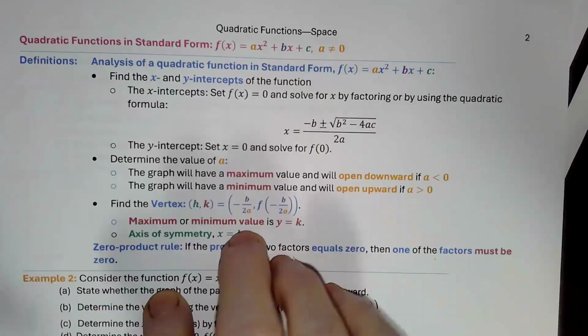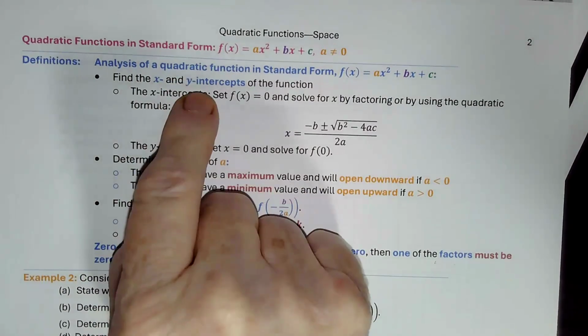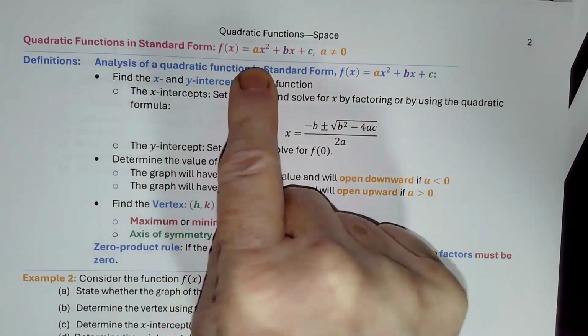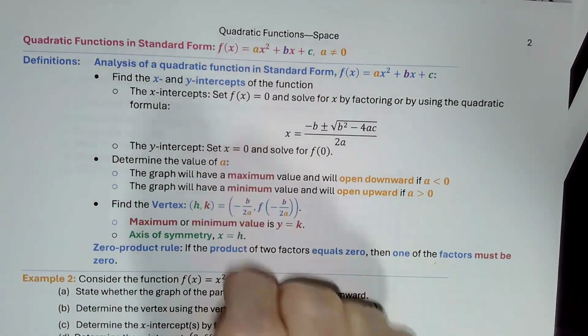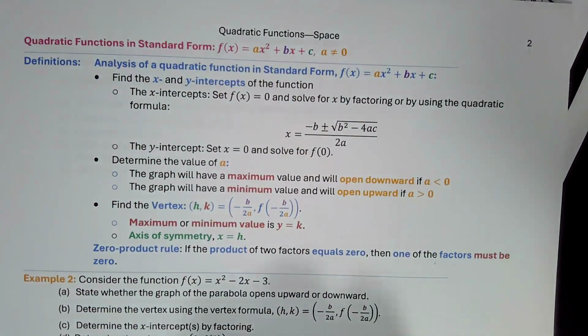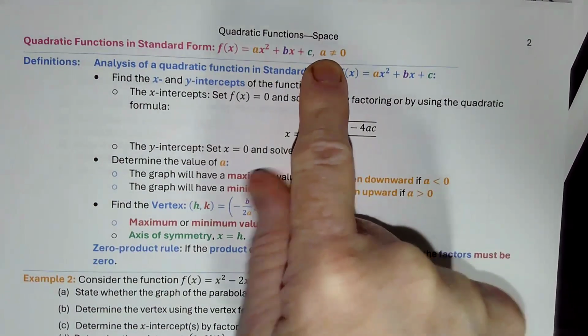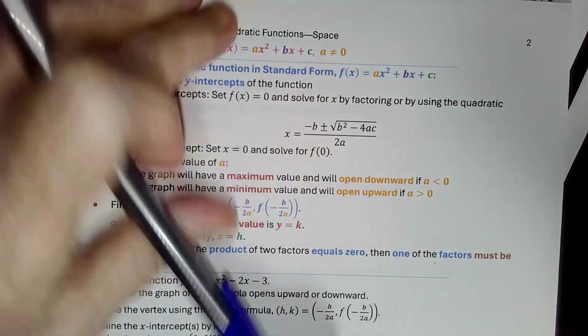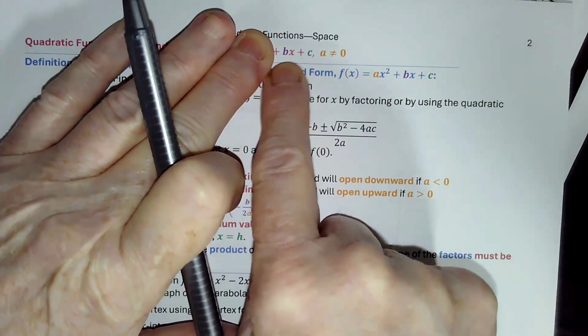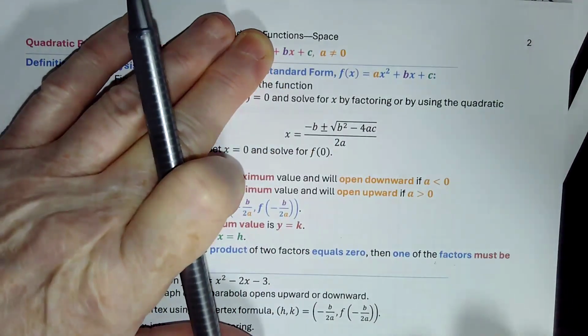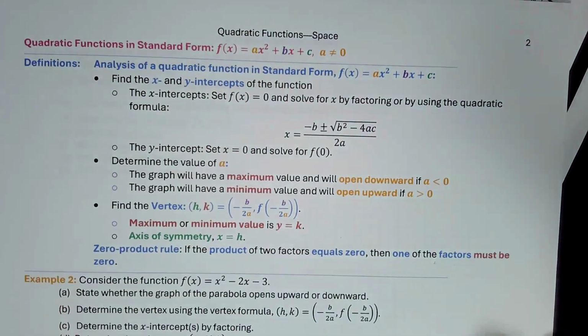Okay, well, like we said, the other form of the quadratic equation is the standard form, ax squared plus bx plus c equals 0. And it's important that a can't be 0, because if a is 0, then we just have bx plus c, which is a line. It isn't a quadratic anymore.